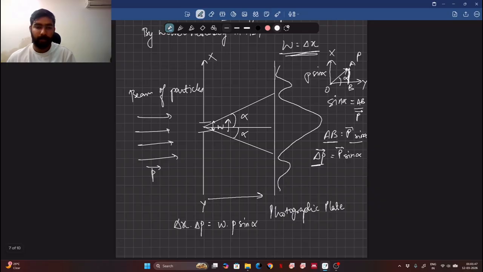Okay, and W sine alpha represents the wavelength. So lambda is equal to W sine alpha.